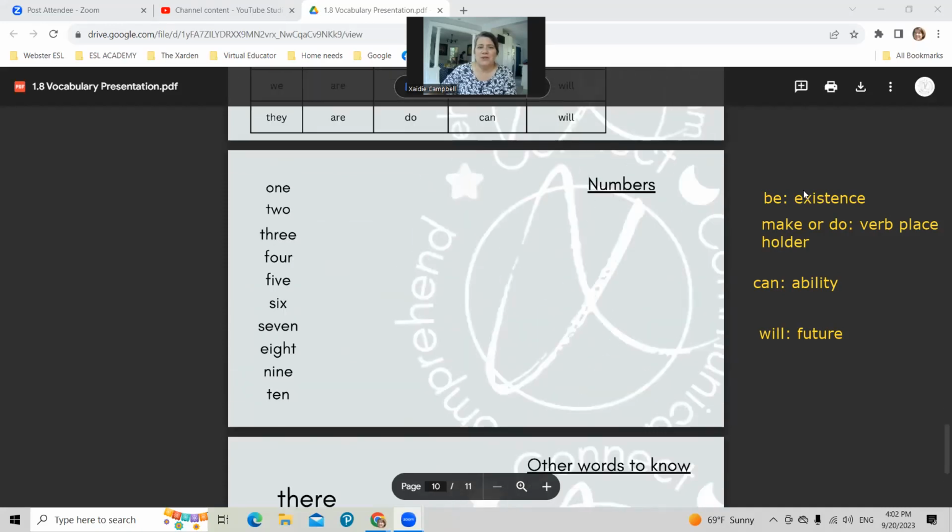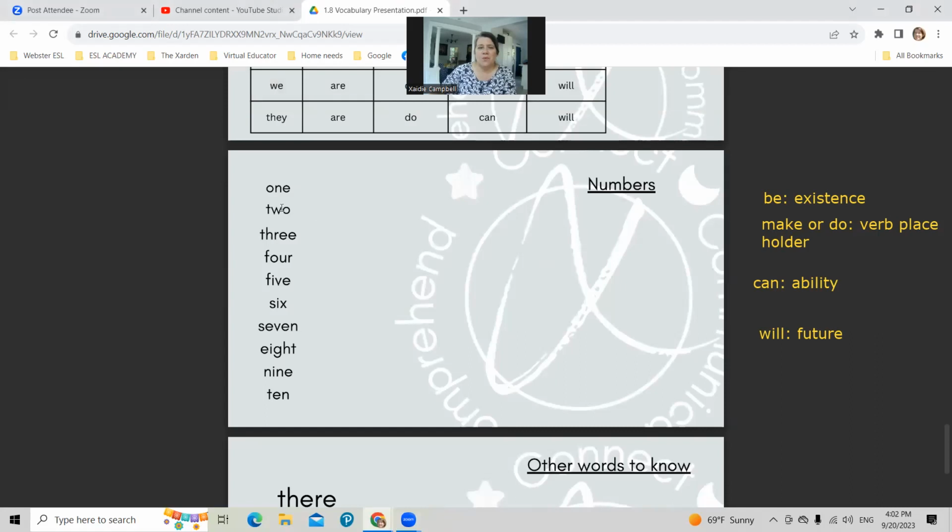Now, you know your numbers. 1, 2, 3, 4, 5, 6, 7, 8, 9, 10. And we are at number 45. We know 45 of the most common English words.